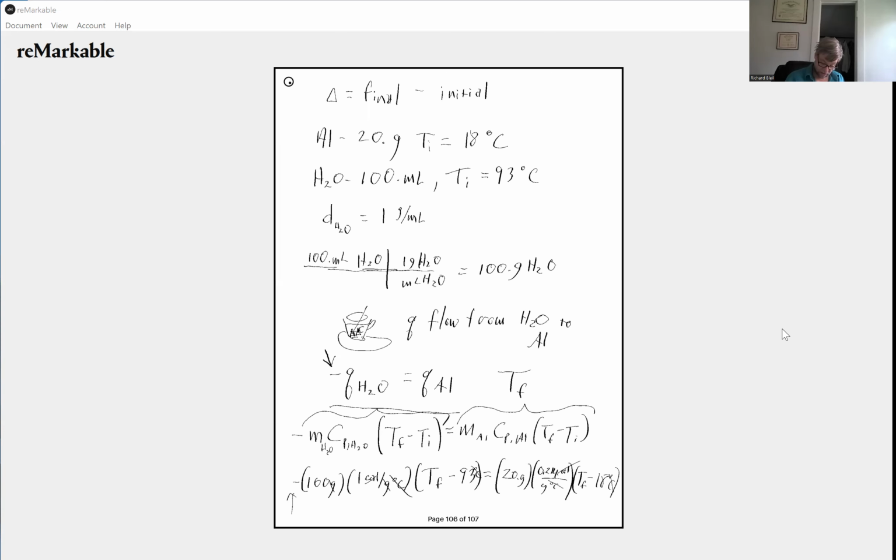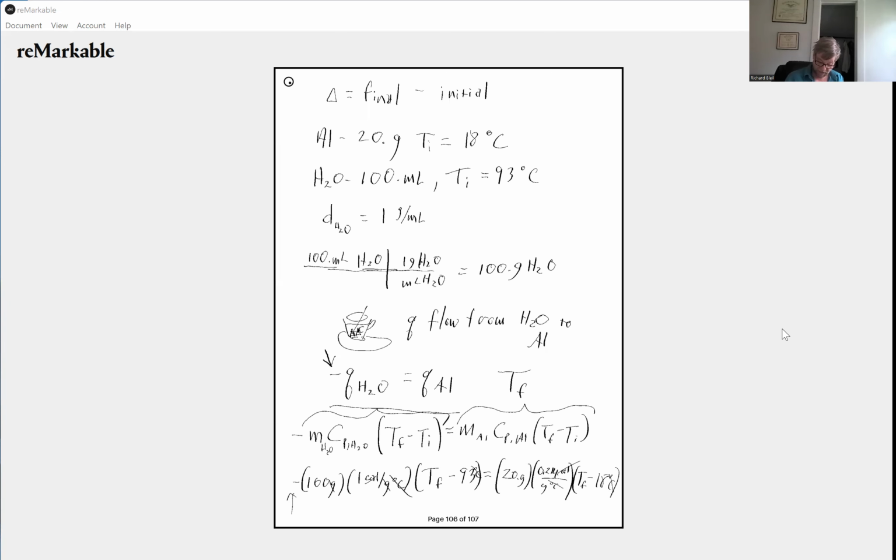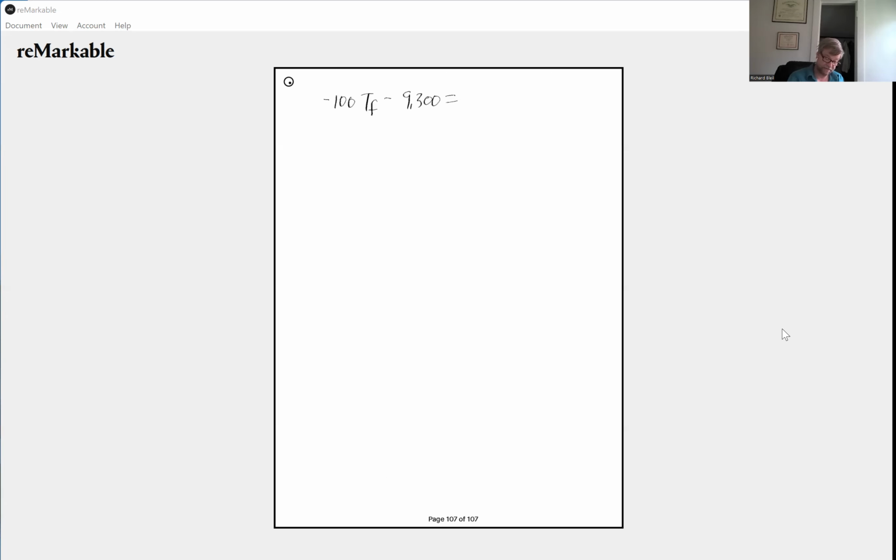minus 9,300. That is going to be equal to 20 TF. Shoot, I made another algebraic error. You know what? Let's do it this way.